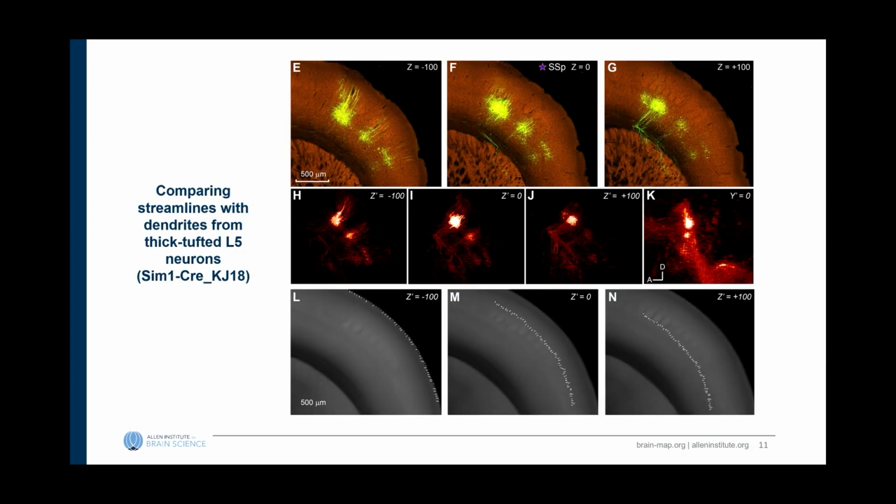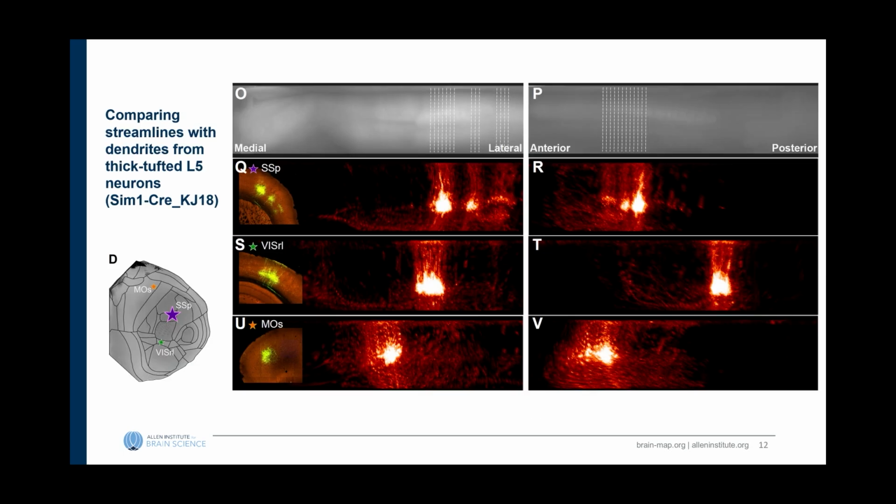So this is then trying to validate and see, when we have data that has apical dendrites in that direction, if we follow the streamline, does it get approximately upright? So this is 3 different areas in which of the SIM1 Cre KJ18.